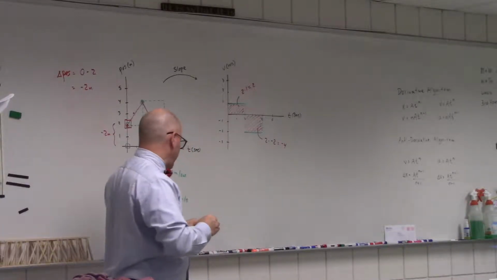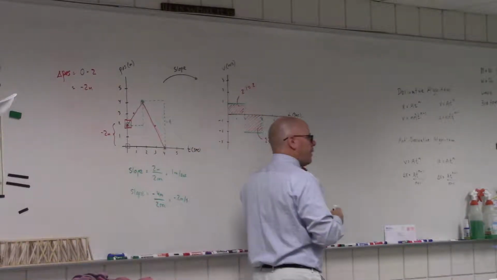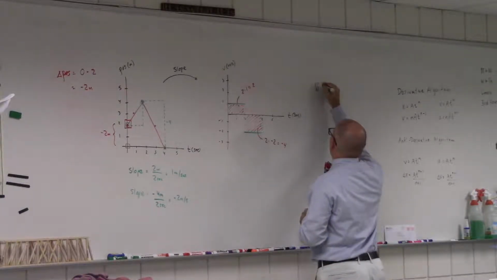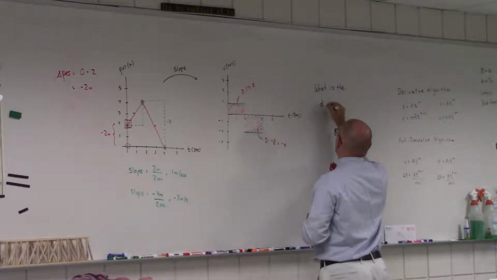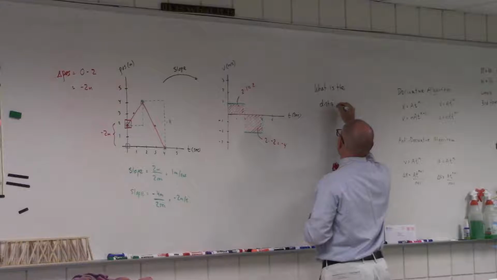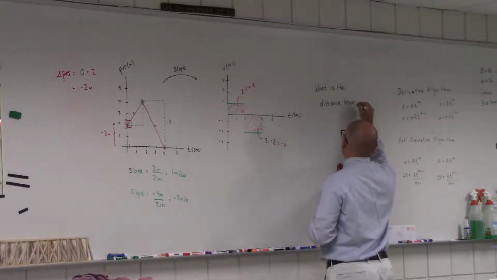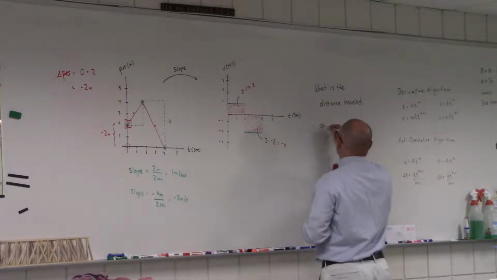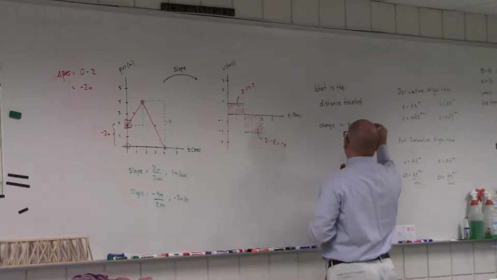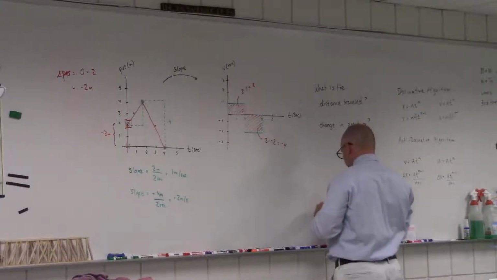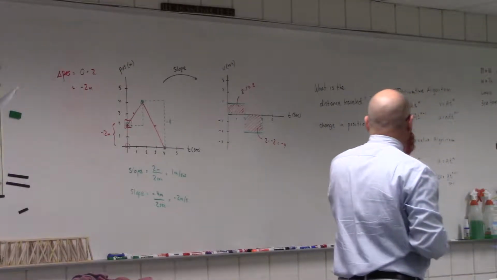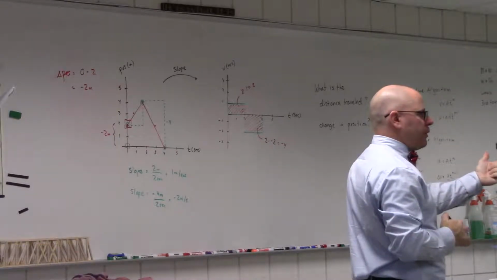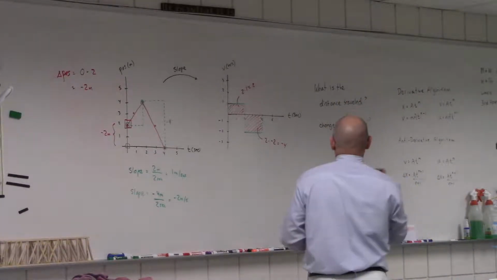All right, so here's the question. I want you to check with your neighbor, and I want you to answer these 2 questions. What's the distance traveled and what's the change in position for these 3 times?